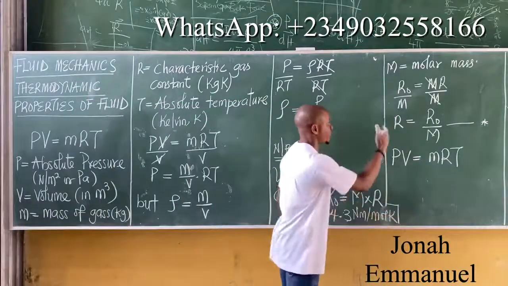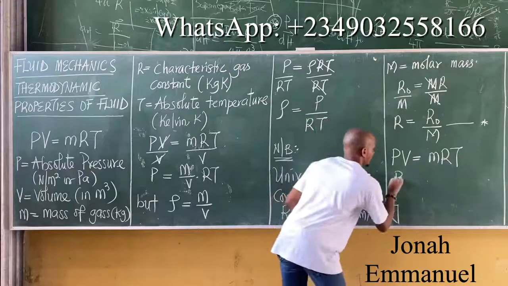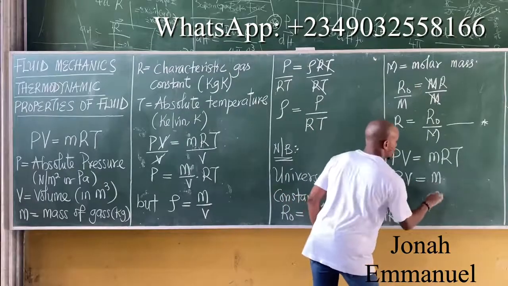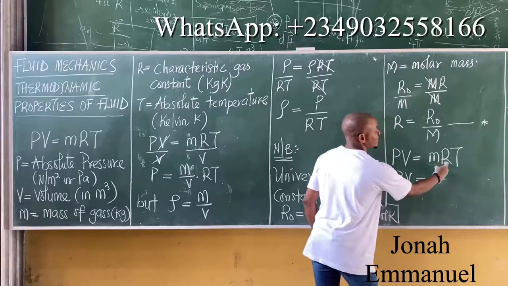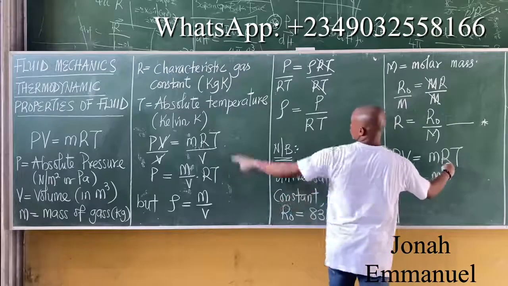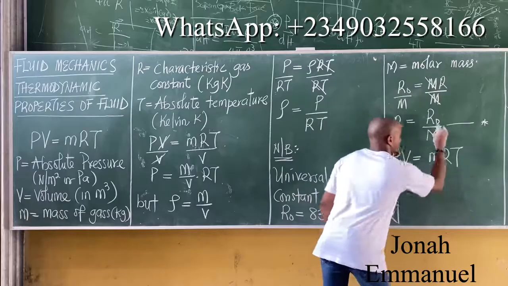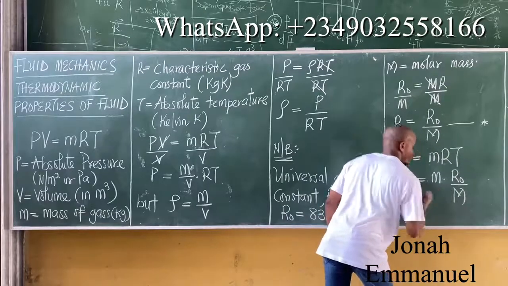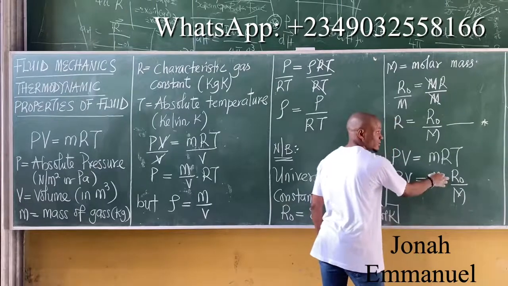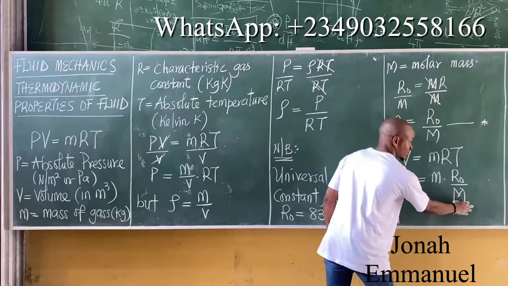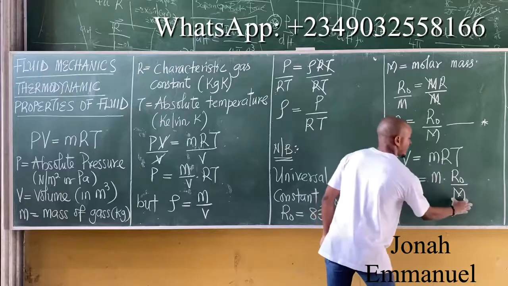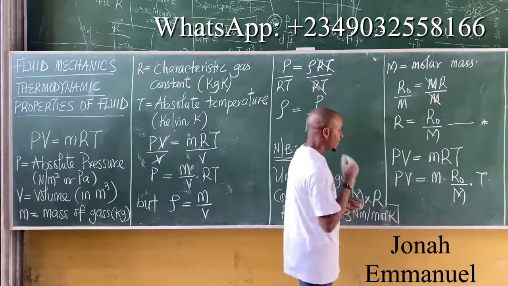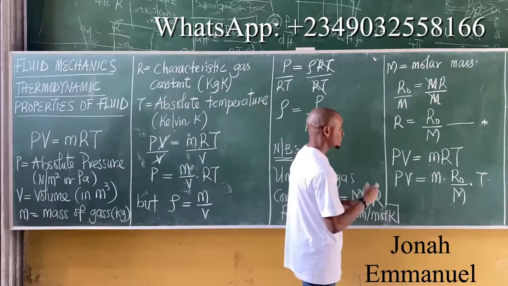So PV equals m times R, which is R naught over capital M, times T. So this is mass, and this is molar mass, please don't confuse them. This is mass, this is molar mass, times temperature. So I have this. That will mean this.